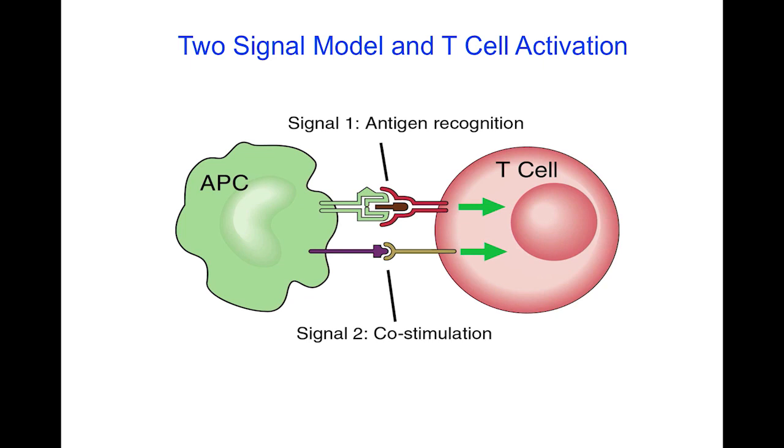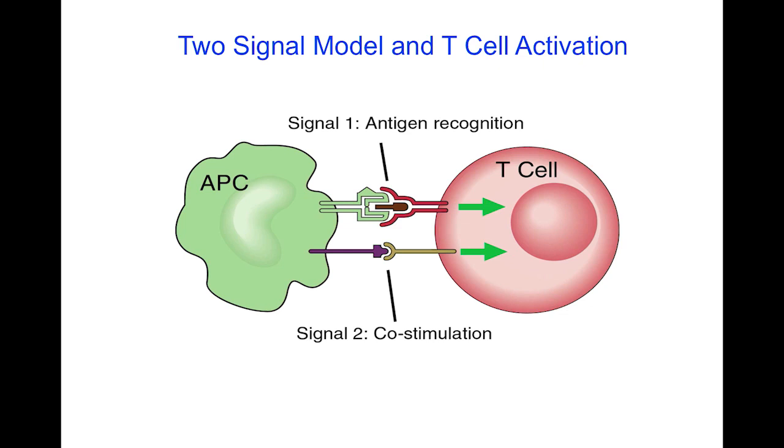There is a two-signal model for T cell activation that, according to this model, for T cells to become activated, they need to receive two signals that are delivered by these antigen-presenting cells, such as the dendritic cells that you just heard about. The first signal is what confers specificity to an immune response and involves that antigen recognition, where antigenic peptides can be presented by the MHC molecules to receptors on the T cells, the T cell receptor.